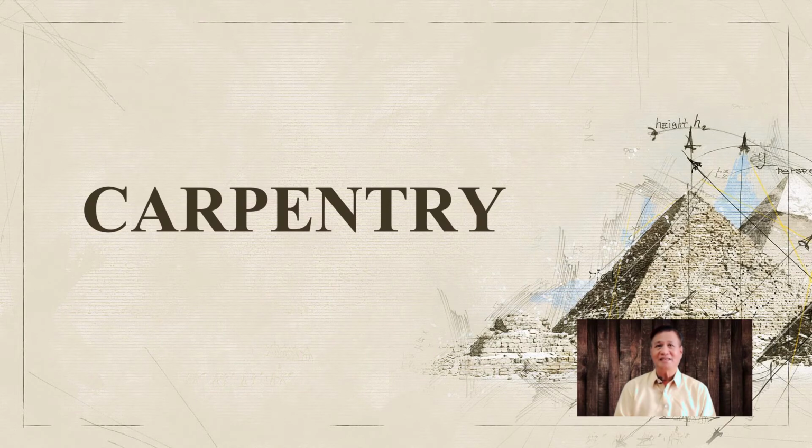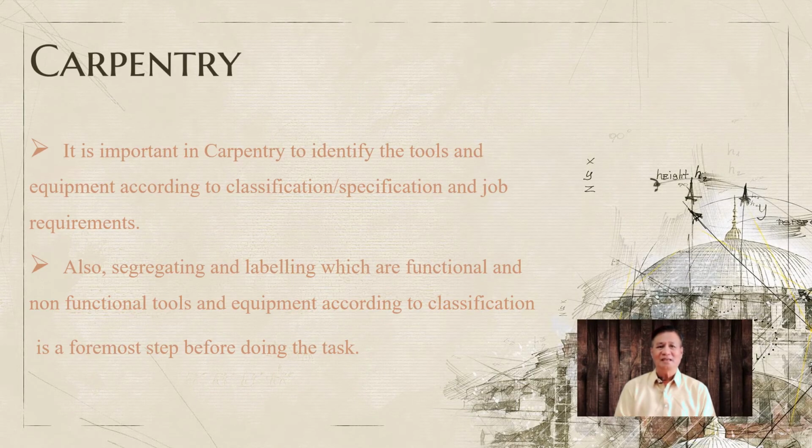So, our topic for today is about carpentry. In carpentry, it is important to identify the tools and equipment according to classification, specification, and job requirements. Also, segregating and labeling which are functional and non-functional tools and equipment according to classification is a foremost step before doing the task.